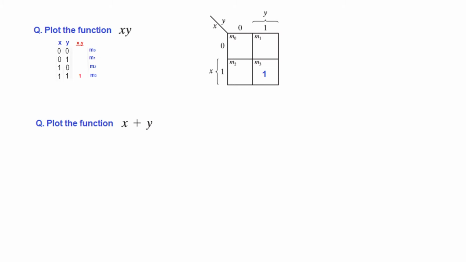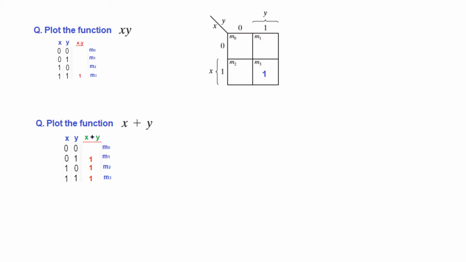Now let's plot another one. This is not AND, this is the OR function, x or y. We'll again take help of the truth table. For this truth table, x or y, I'm sure you'll recall that it will be 1 when any of the variables is 1. So when y is 1, it is 1.